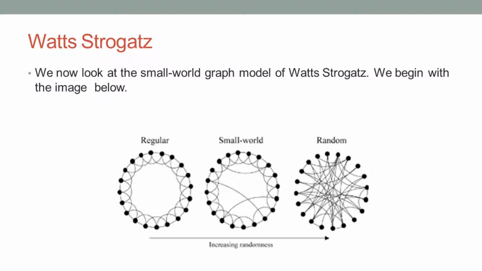Now let's look at the Watts-Strogatz model that was introduced in a paper by Watts and Strogatz, and they were the ones that coined the small world terminology. They began with a regular graph. And the regular graph, they said, had high clustering, but it also had a high average path length. If you look at each vertex, its neighborhood is more dense than with respect to the entire graph.